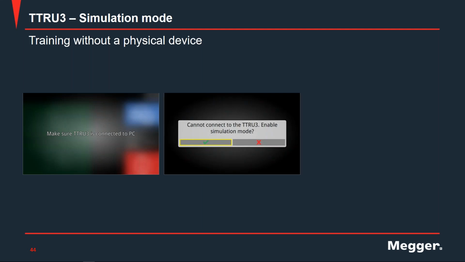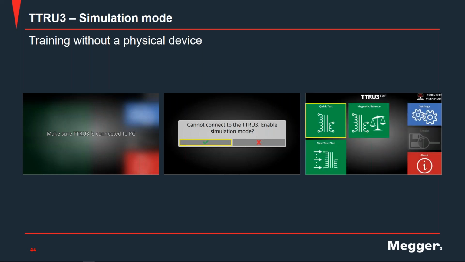After a few seconds, it will time out and say that it cannot connect to the Ttru3. Do you want to enable simulation mode? You will say yes, and at that point, it will bring you to the home screen, which will enable all of the different software features that are available on the instrument for you to learn and get trained on.